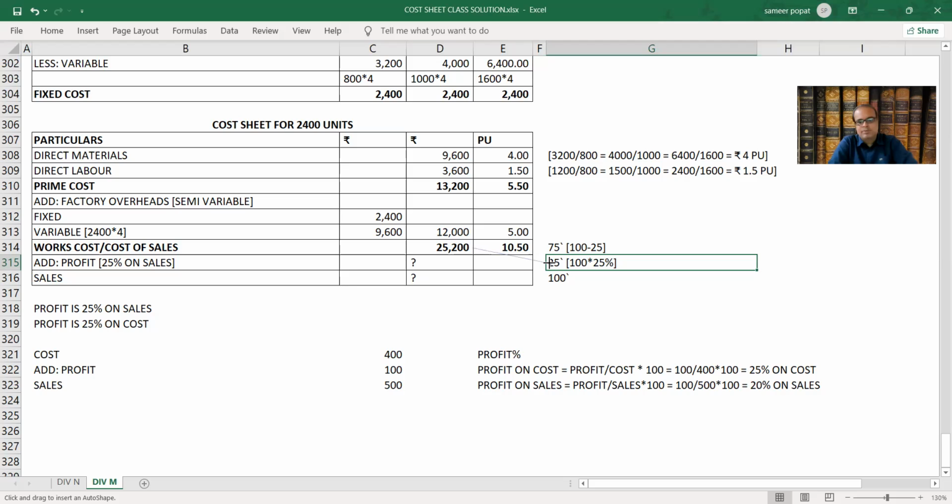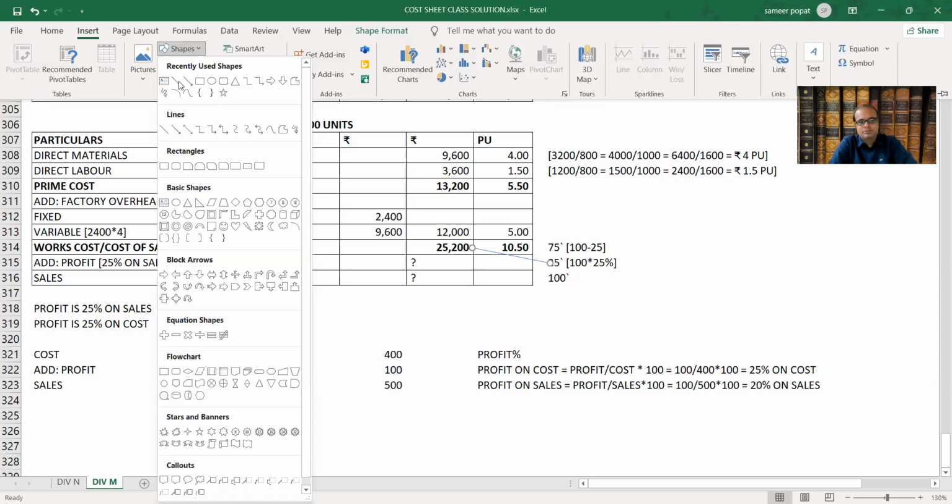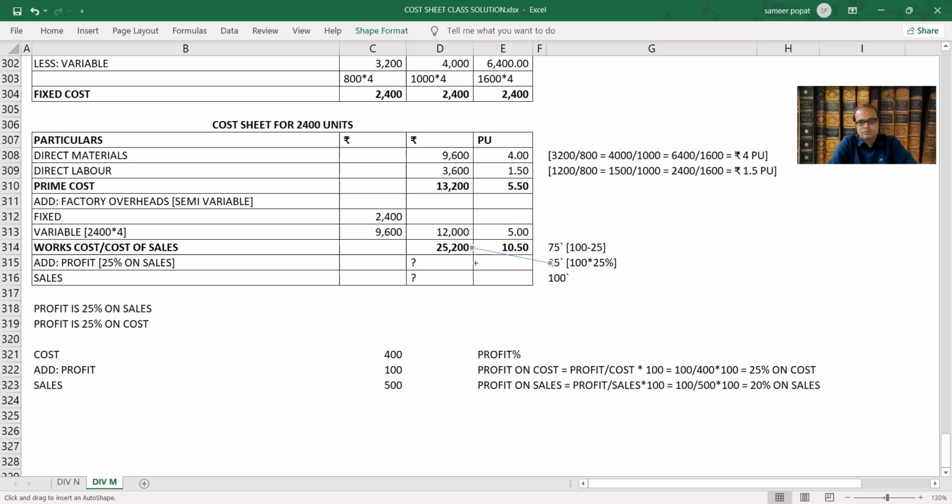Okay, you can simply cross multiply here, and you will get this profit amount. Similarly, you can cross multiply here for 100.